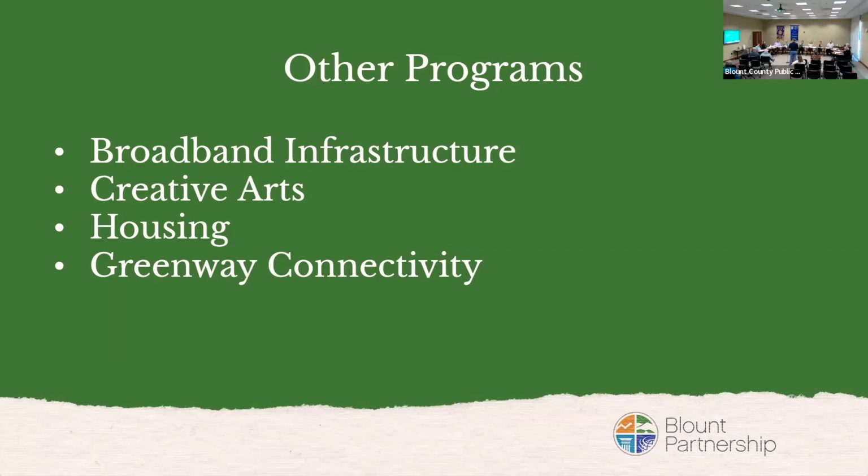And obviously greenway connectivity. As the Alcoa Highway expansion is going on, the greenway is following that from Knoxville all the way down to Blount County. So hopefully here in a couple of years, once that Alcoa Highway gets expanded, you can go from downtown Knoxville all the way down here to Maryville. And the grand plan is to eventually connect it from Maryville all the way to Townsend.